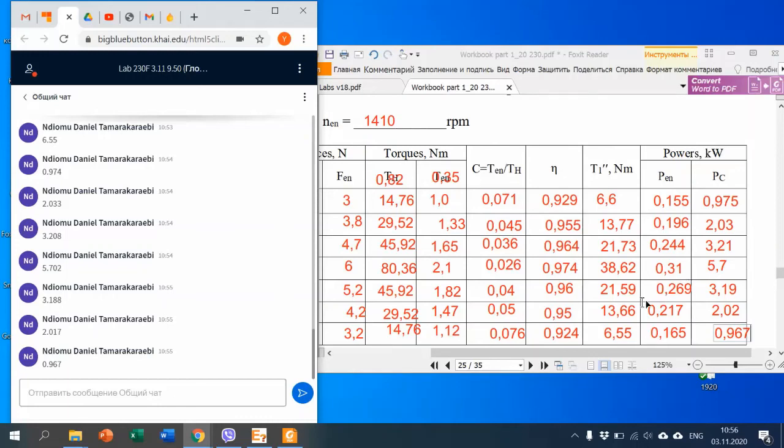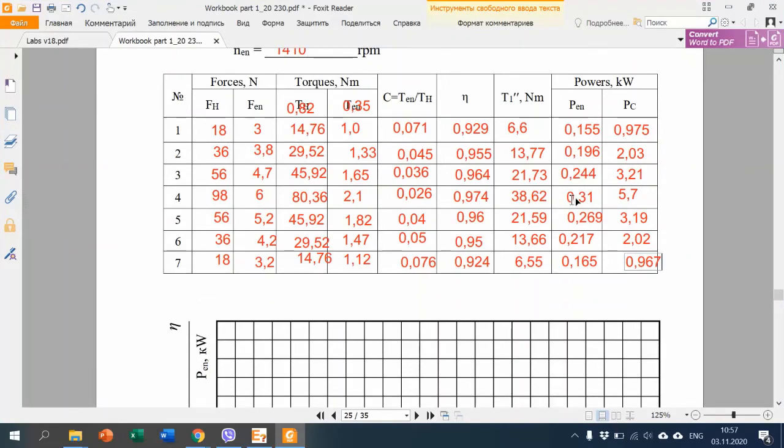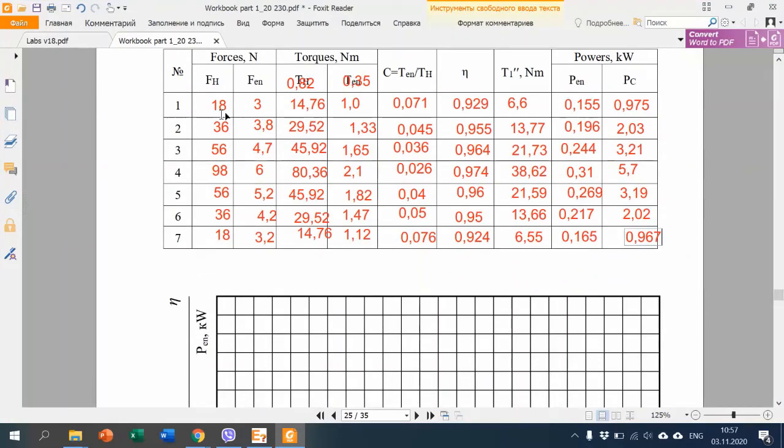So let's draw the diagram. Look, the first and the last points we have with the same load, 18 and 18.